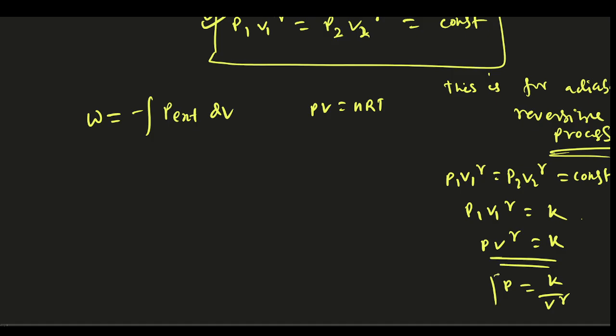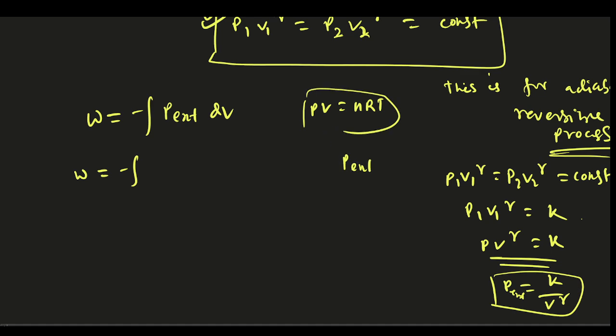I want to put this P value here, so W equal to the integral of P external dV. I'm using the ideal gas equation, and I already said that P external is nearly equal to P internal and nearly equal to P gas. So I can take any value for reversible cases, because very small changes happen.